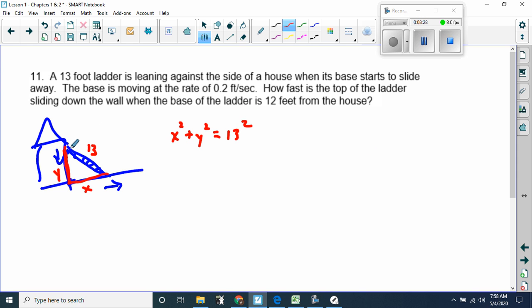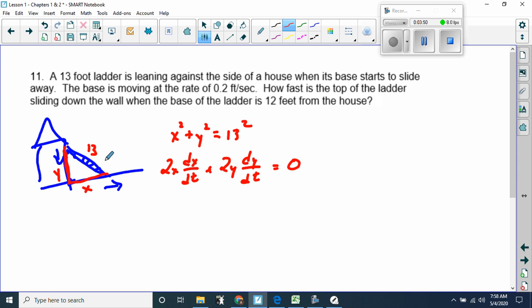We're looking for the rate at which this side is changing per second, so we're taking the derivative with respect to time. 2x dx dt plus 2y dy dt equals, this is a number, derivative of a constant is 0. Fill in what we know.